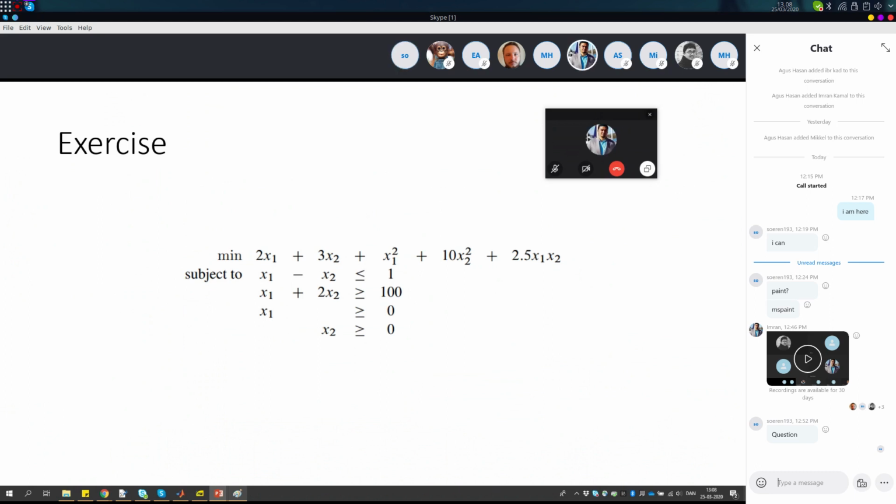I guess, do we have to set an upper bound and a lower bound for this one? Yeah, it's up to you. Okay.